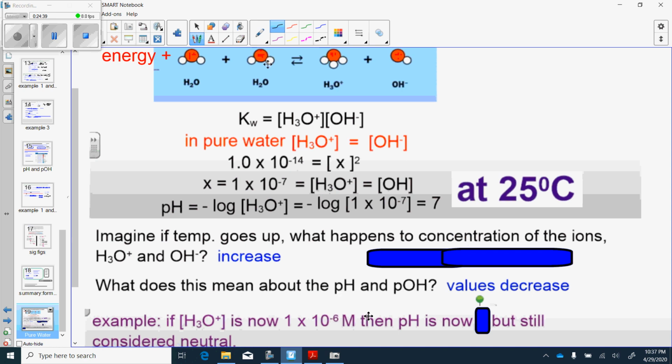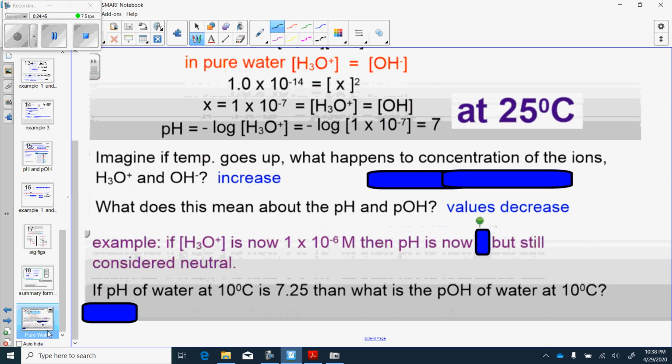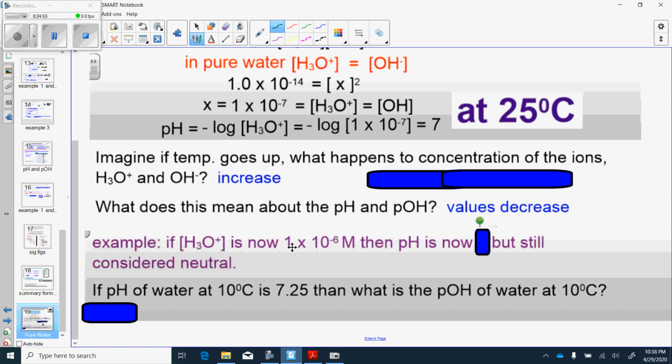So does this mean it's not neutral anymore? Here's an example. If H3O+ is now 1 times 10 to the negative 6, then what would the pH be? You can plug it into your calculator, but look, we have that 1 in front, so we literally can take our exponent and change the sign. So the pH is going to be 6. But it's still considered neutral. Why do you think it's neutral?